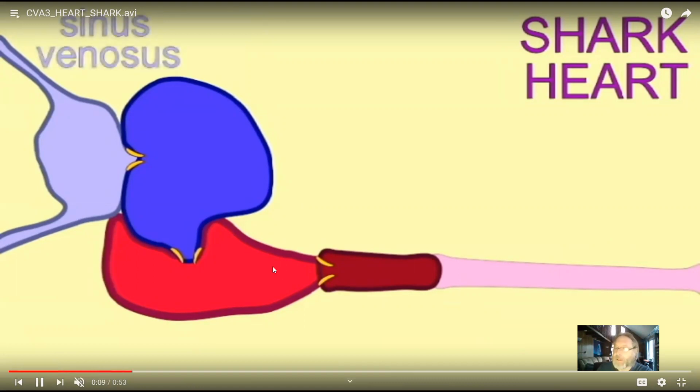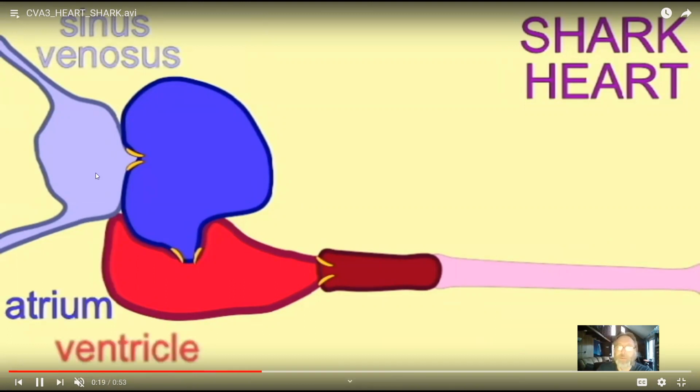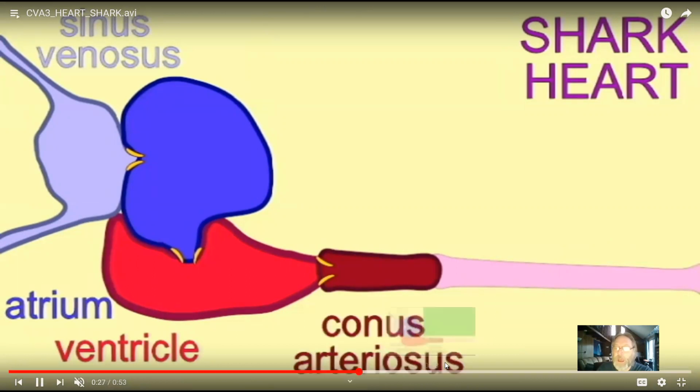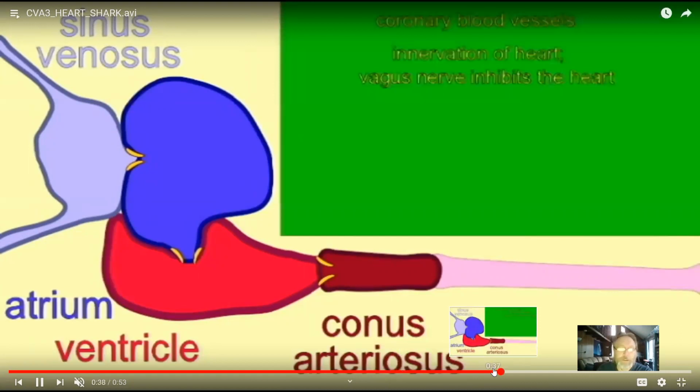hearts. We get to now a shark. The heart is so much bigger. And sharks are now more active. Once again, we have these four chambers: a sinus venosus, a single atrium, a single ventricle, and then the truncus or conus arteriosus. And what sharks and all of the jawed vertebrates have are coronary blood vessels.